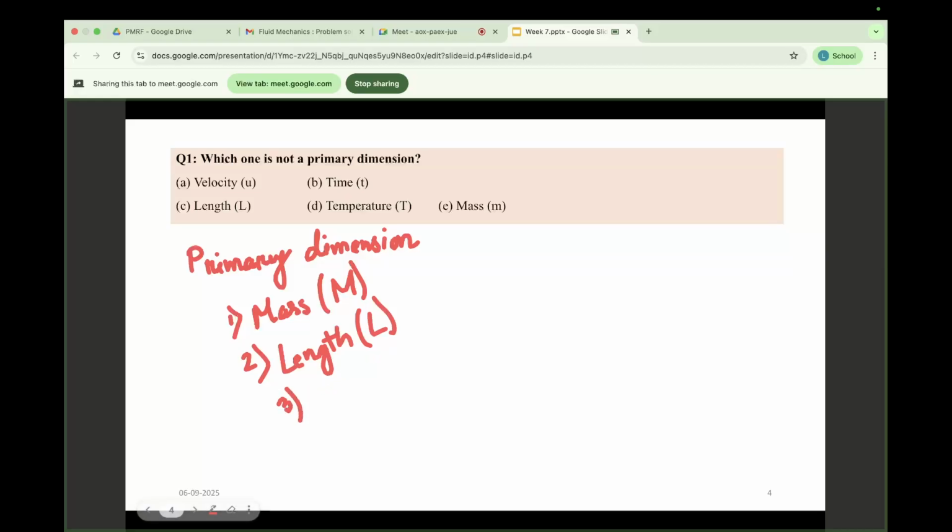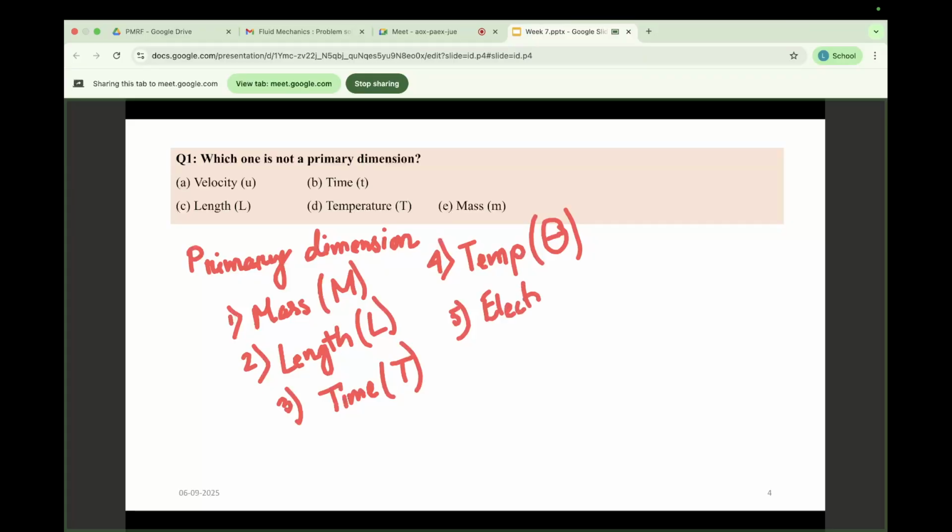And third is time. So time is represented by T. So another parameter is temperature. This temperature is represented by theta. Next is electric current, which is I. So these are standard representations.